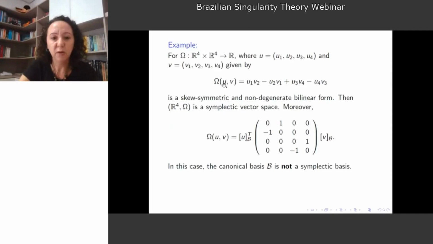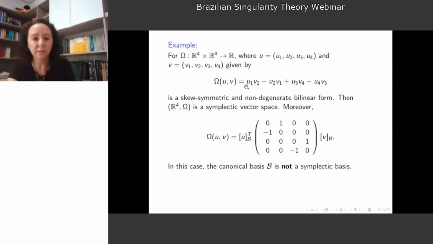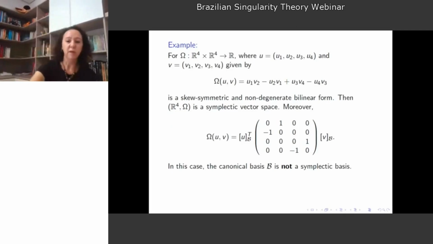we consider not the canonical bilinear form, we consider another bilinear form in which the matrix of this bilinear form in the canonical basis of R4 is this. That's not the matrix J, it is another matrix.